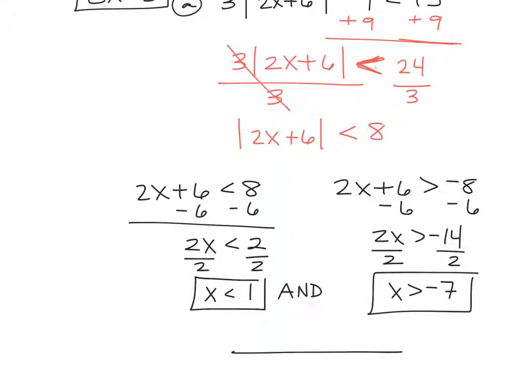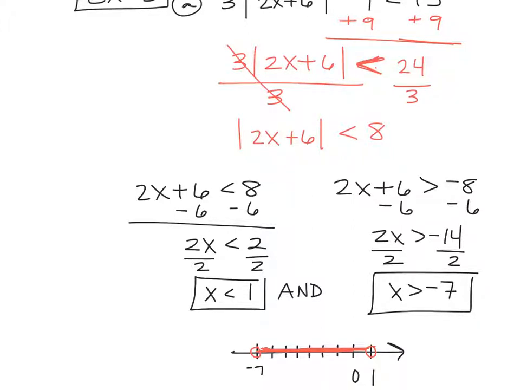Okay, so when you go to graph that, you have negative 7, negative 6, negative 5, negative 4, negative 3, negative 2, negative 1, 0, 1. Open or closed dots? And do we go in or out? We're going to go in toward each other, right? X is less than 1 would go this way. Greater than negative 7 would go this way. We're looking for the overlap, which would be that.